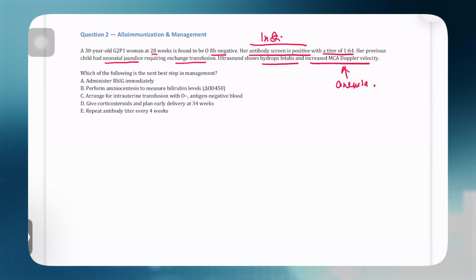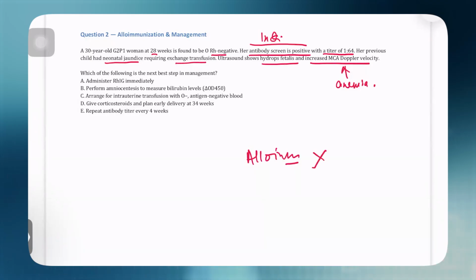Already the fetal hemolysis has begun, what we can make out from the situation. So, will giving RHIG now help the patient? No, sir. RH alloimmunization has already occurred. So that means now it will not help.